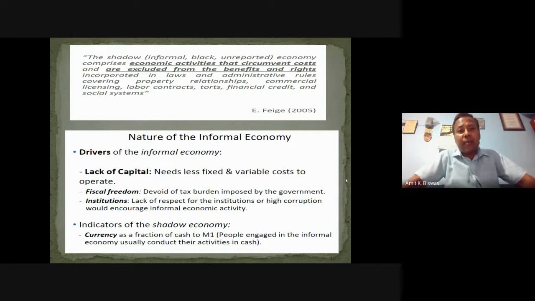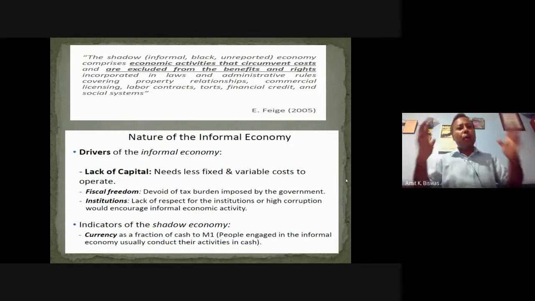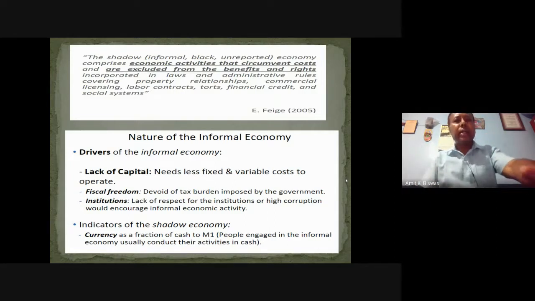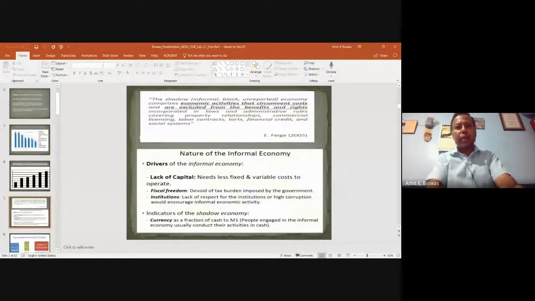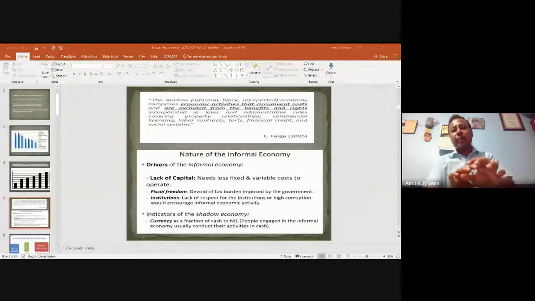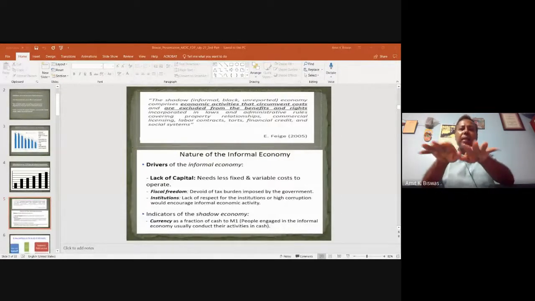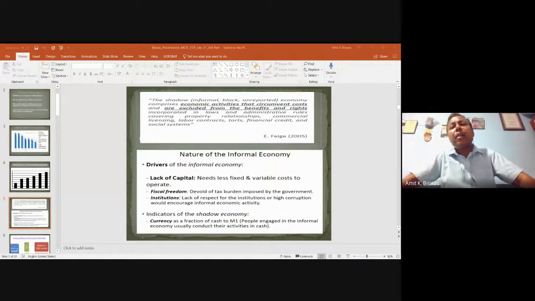Second is fiscal freedom. As I have already said, the more you are in a formal economy, the more your tax burden. Think of us, the professors. We are earning whatever it is via the government, and we have everything deducted as tax deducted at source, TDS. But think of famous doctors, engineers, lawyers, private tutors.